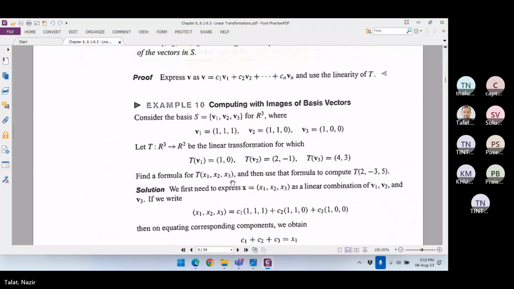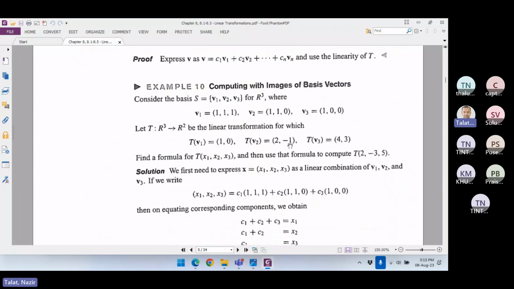Now, this is the simple technique to find it. V1, V2, V3 are the bases of R3, and we know that any (x1, x2, x3) can be written as a linear combination of V1, V2, V3, the basis elements, because a basis can generate every element of a vector space.